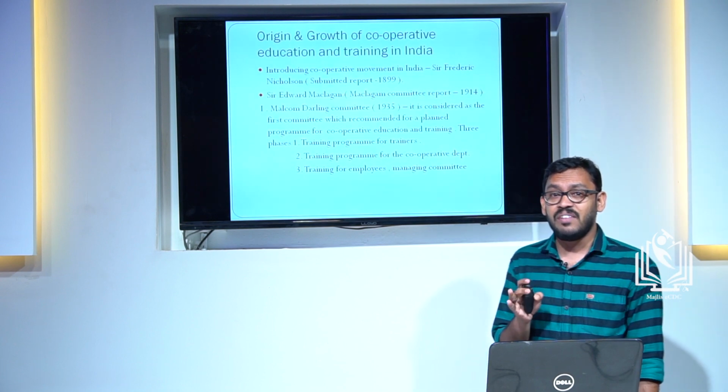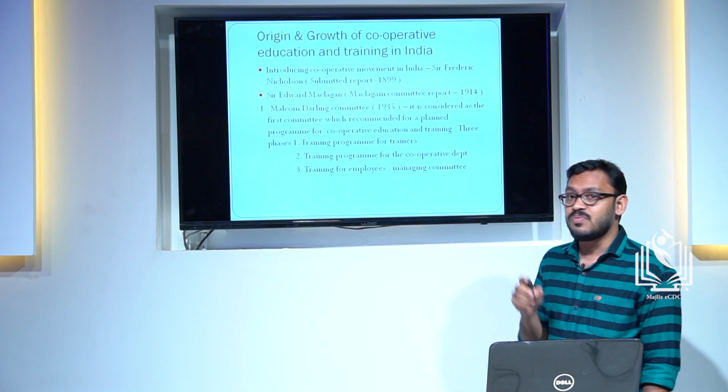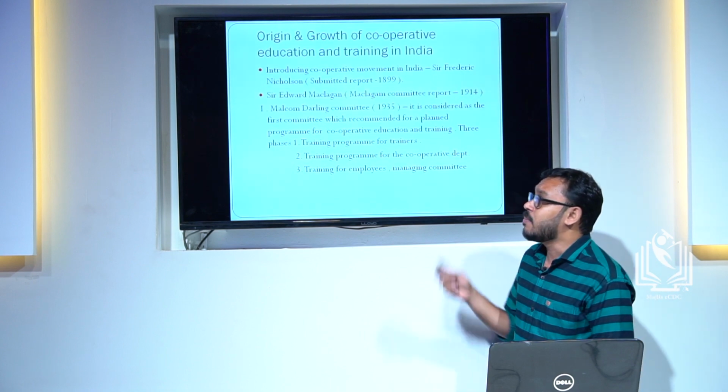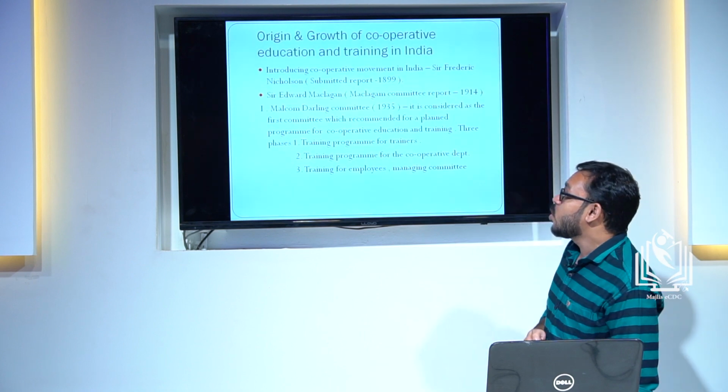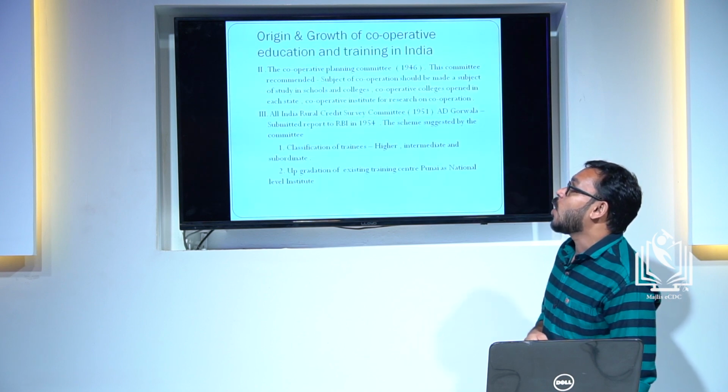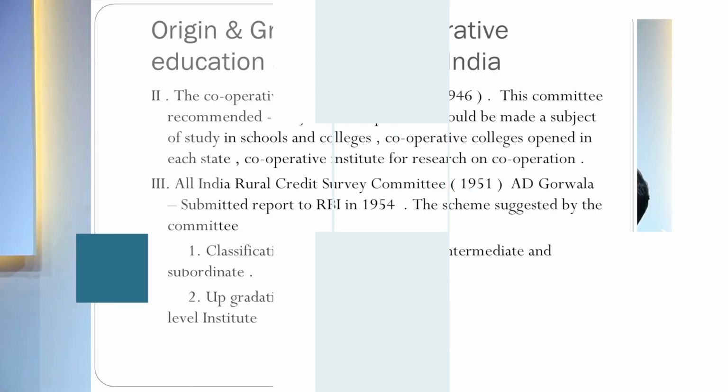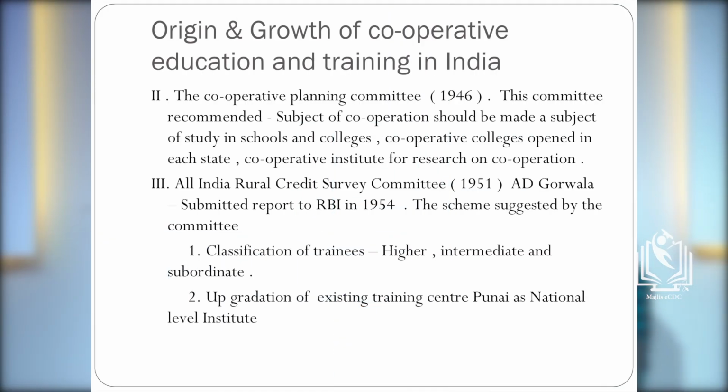So we are talking about the origin and growth of cooperative education and training in India. It has 5 phases. In the first phase, we already discussed the Maclagan-Darling Committee. Moving to the second phase, the Cooperative Planning Committee, which was introduced in the year 1946. Before submitting their report, they conducted several studies of the different schemes.